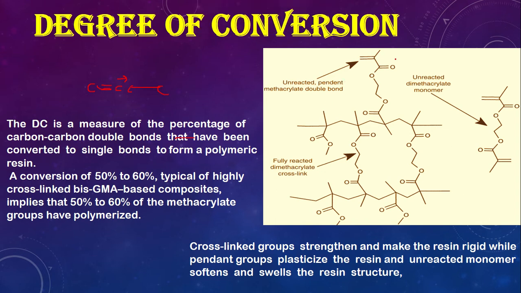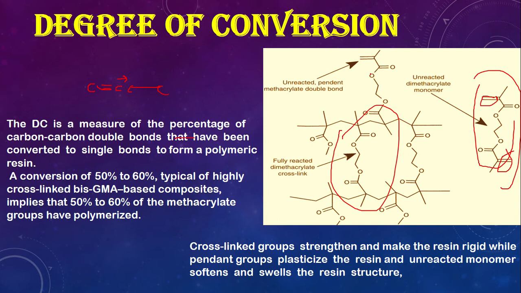See here, this is the basic structure of a dimethacrylate monomer. We have two carbon-carbon double bonds. This is one, and this is another. Say one carbon double bond has participated in forming the crosslink, and the other one is an unreacted pendant methacrylate double bond.